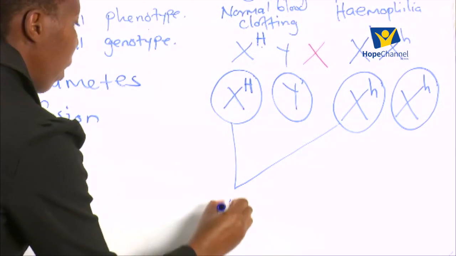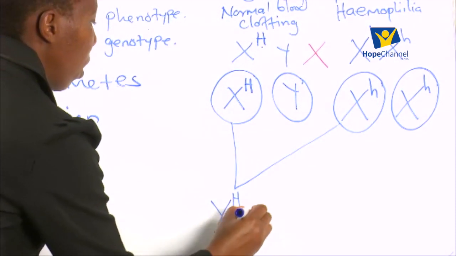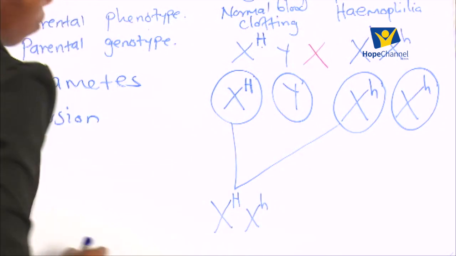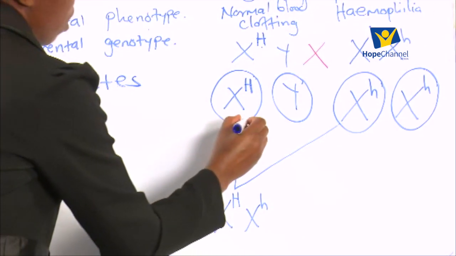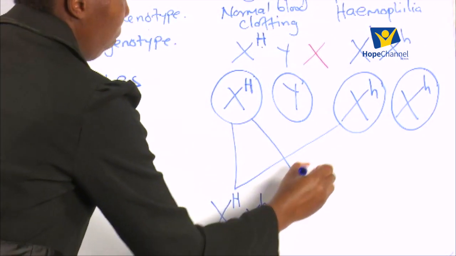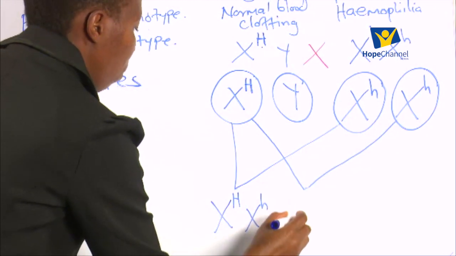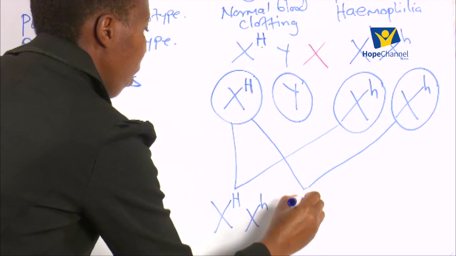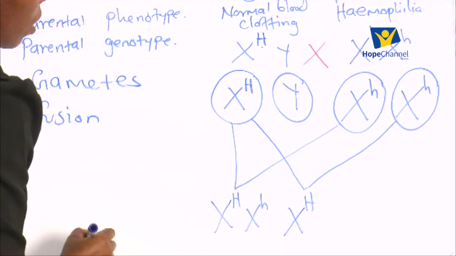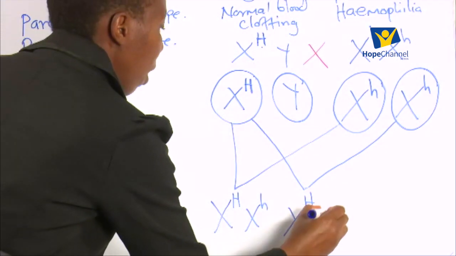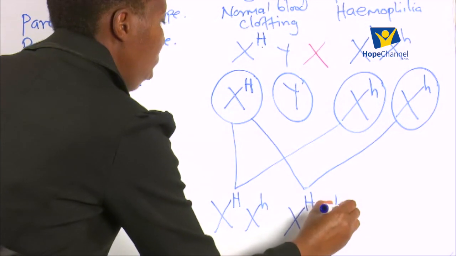So we have X capital H, X small h. Then if you cross this one with the next gamete, you are going to form X capital H and X small h.